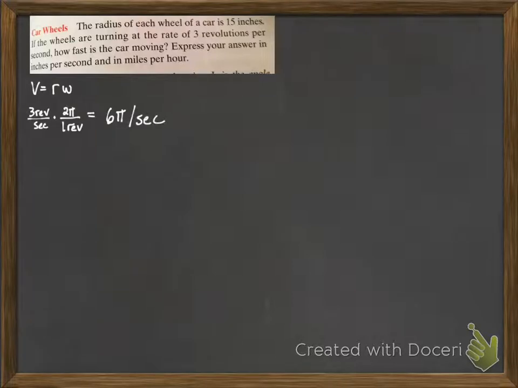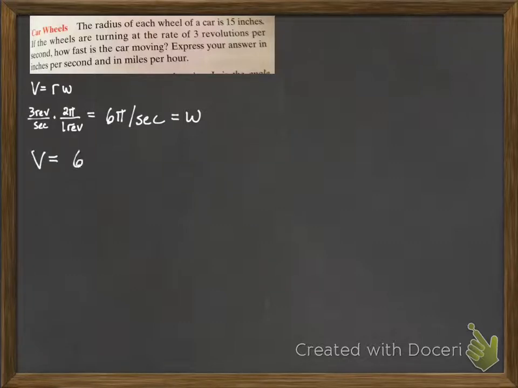Okay, we can then use our relationship. This time the number they gave us was actually the radius. It's 15 inches. So by plugging that 15 inches in, this by the way being our angular velocity, we can plug that in and get our linear velocity.